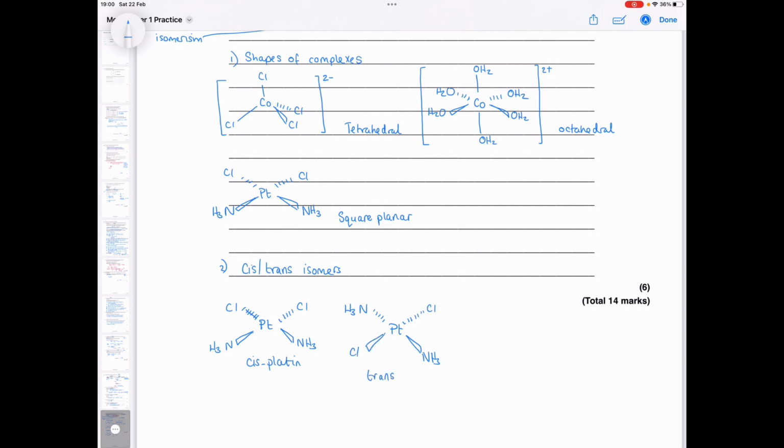This one is trans platin. So it's 180 degrees between the two chlorine ions, and here the chloride ions have got 90 degrees.